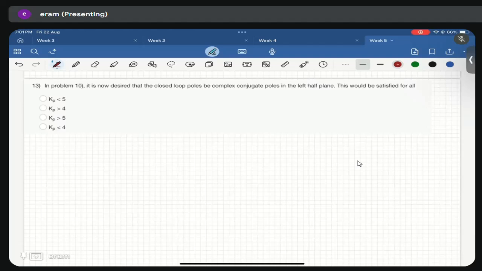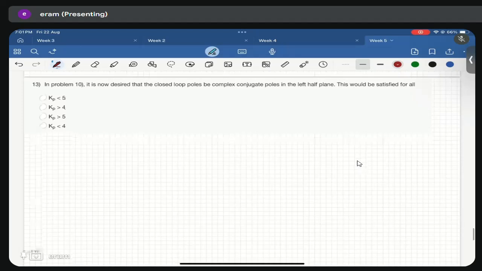For the previous problem, we desire the closed loop poles to be complex conjugate poles in the left half plane. This would be possible if we select Kp as, for the plant G, which was Kp by s square plus 2s minus 4.